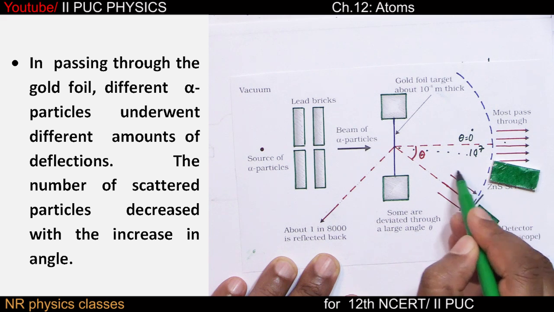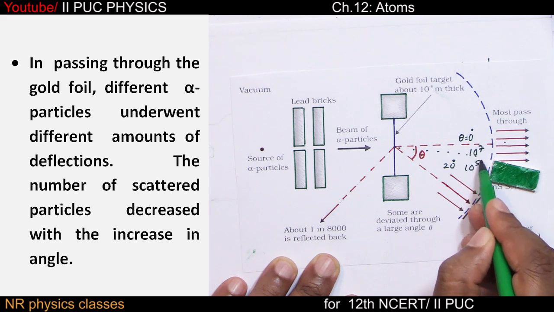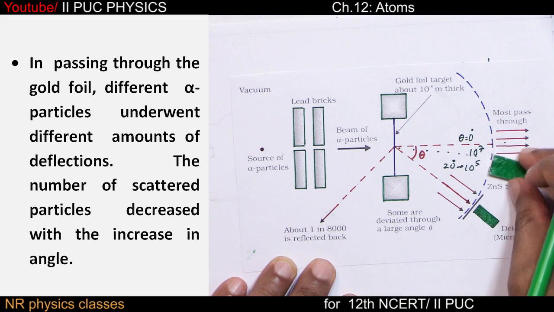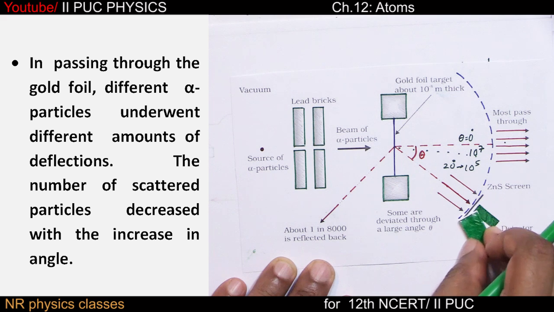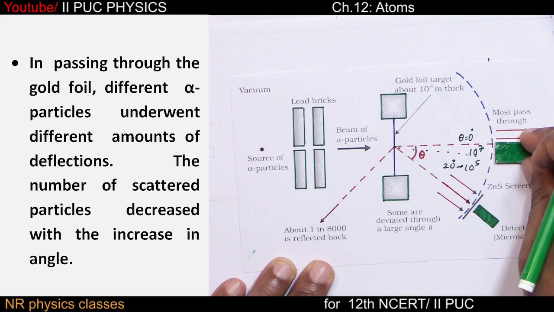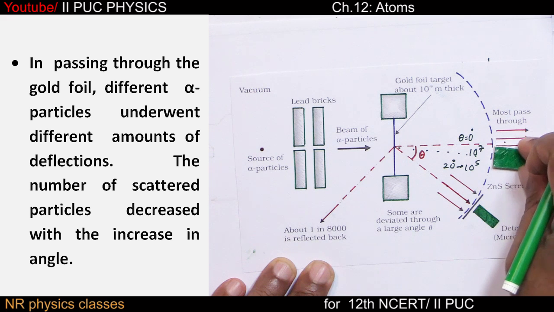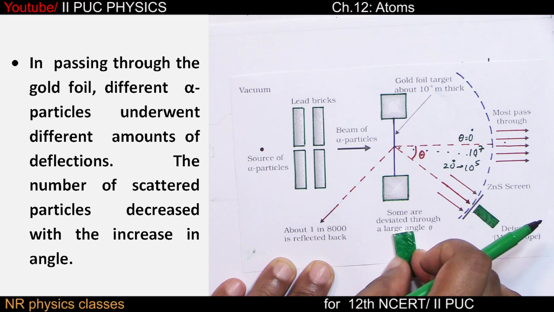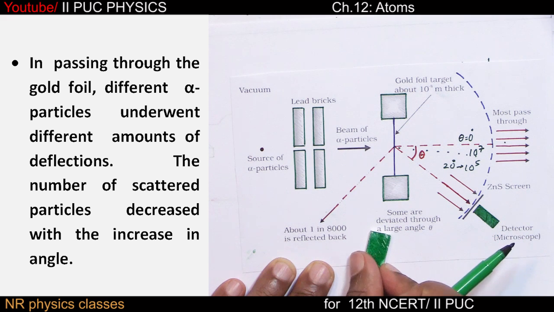So, at 20 degree, that's about 10 to the power of 5. So, at regular intervals, number of alpha particles are counted. So, let us plot a graph of number of scattered alpha particles versus angle.